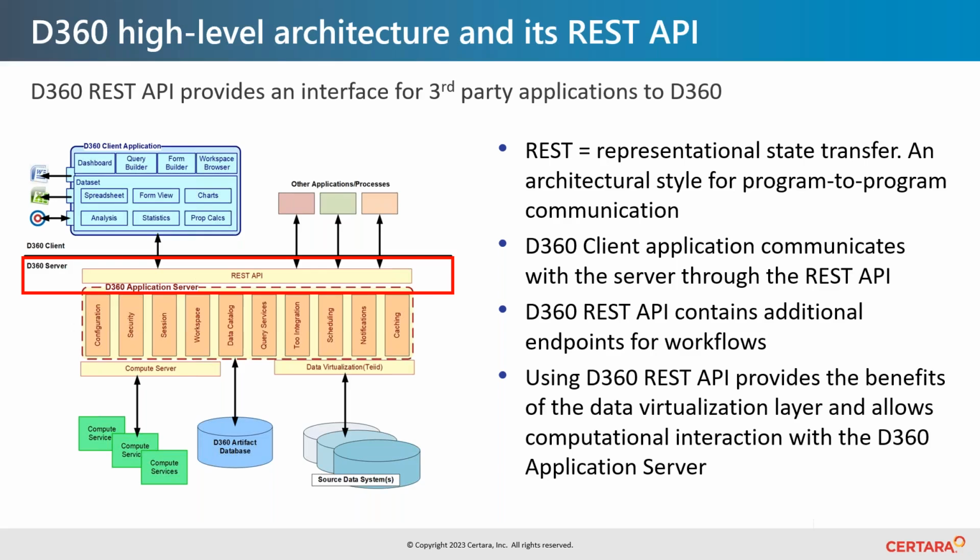So not only does the REST API offer all the client endpoints, but it also has a few additional endpoints for external workflows. And actually, we are open to developing new endpoints if that's required for some applications.